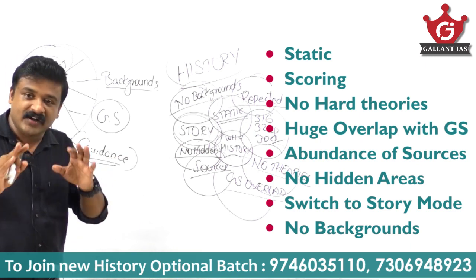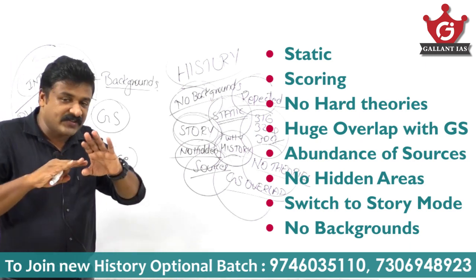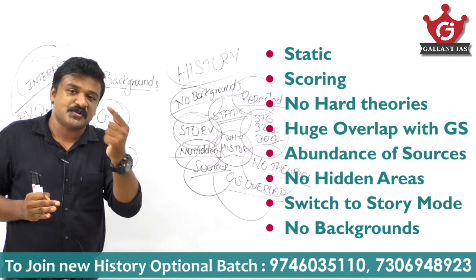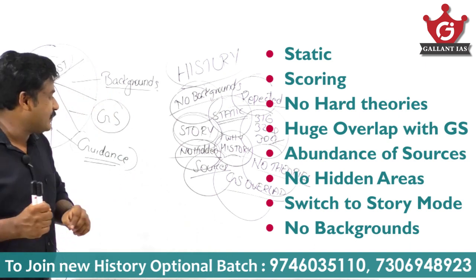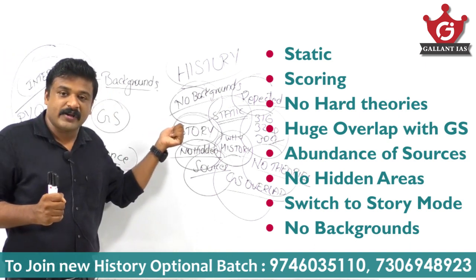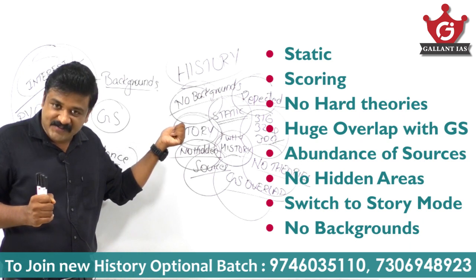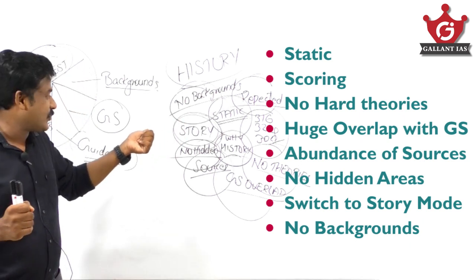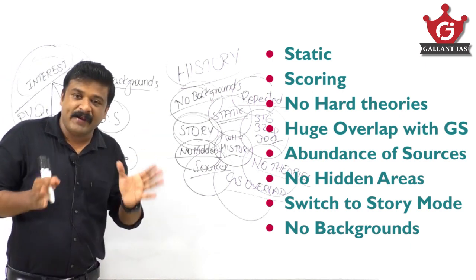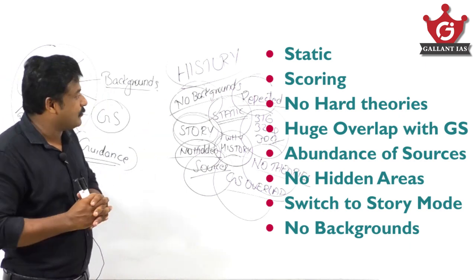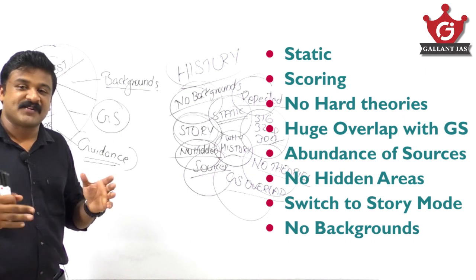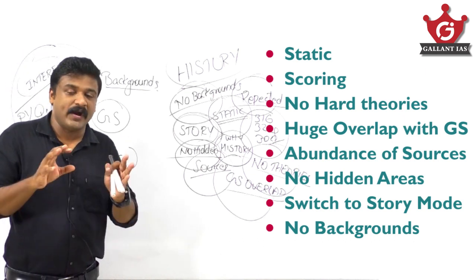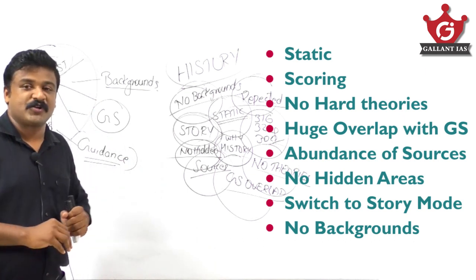No hidden topics or subtopics; even the smallest topic is clearly defined in the syllabus itself. And switch to story mode: this is not memorization of facts and figures, it is understanding and analyzing the story of the past. No backgrounds are required for choosing this optional, and areas, topics and questions are repeated.